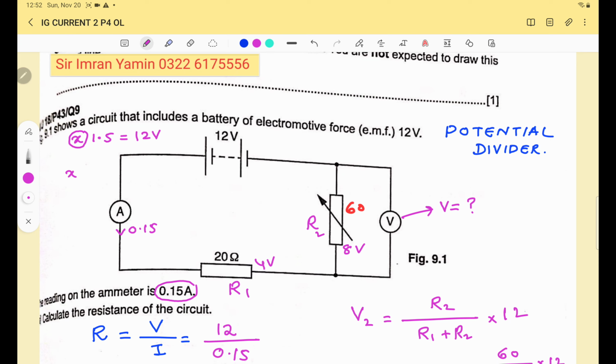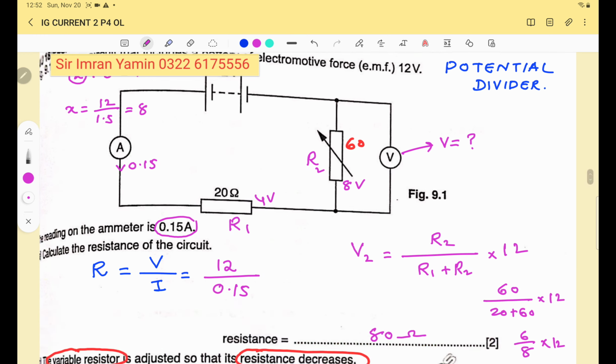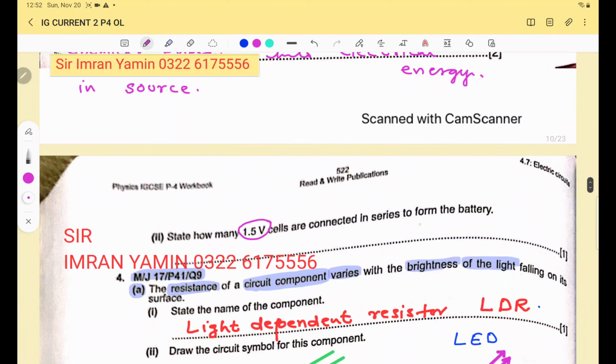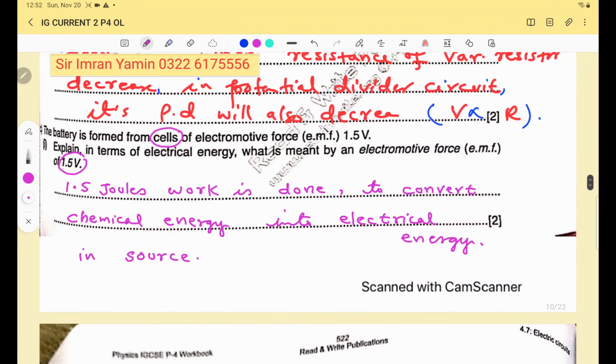So if I divide 12 by 1.5, Abata, what is the answer? The answer is 8 cells. It means if we connect 8 cells of 1.5 volt in series, it will make a 12 volt battery. So this question is also completed.